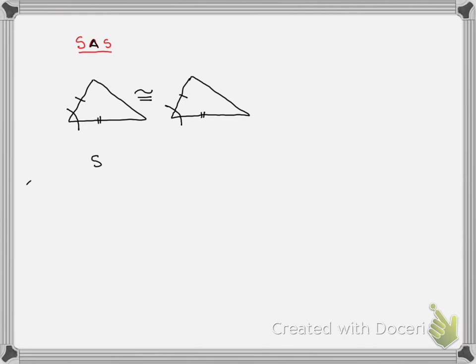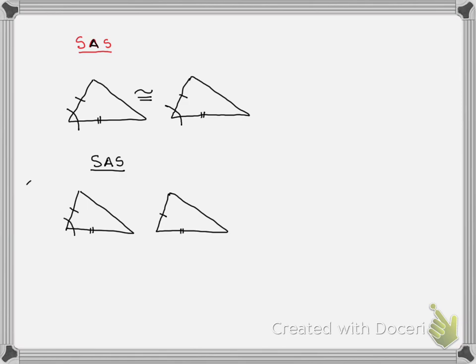What I'm going to show you is an SAS that is not an actual SAS, okay? So we've got this triangle over here, and we've got this triangle over here. I'm going to mark that side. I'm going to mark that side. That side. So those sides are congruent, okay? So those are the S's of SAS.